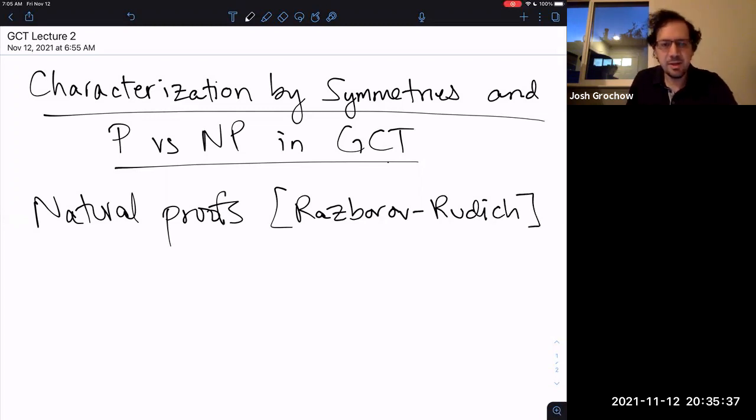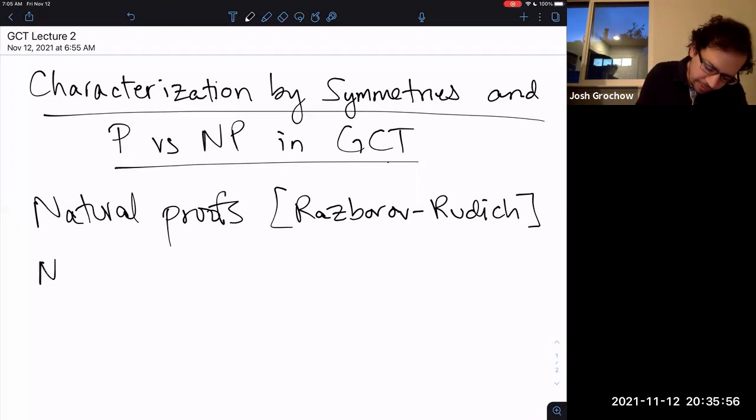The idea here was that people at the time, so this was like early 90s, had started to look at circuit lower bounds. So rather than just P versus NP, people were looking at NP versus what's called P poly.